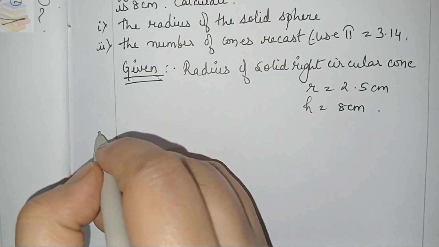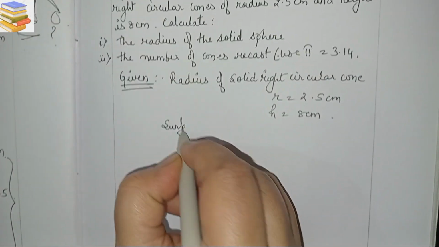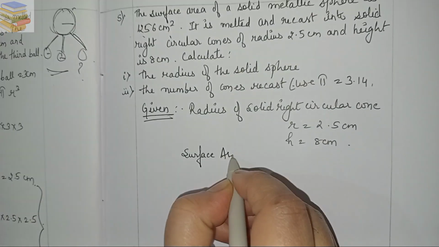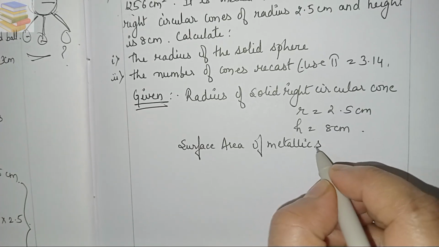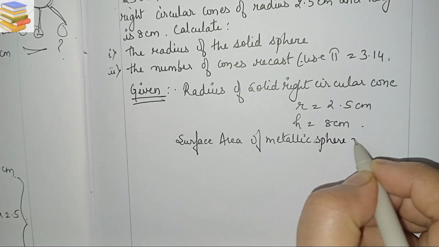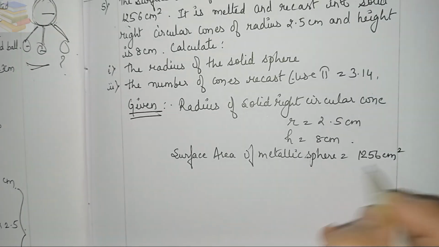The surface area is also given. The area of the metallic sphere is given to you as 1256 centimeter square.